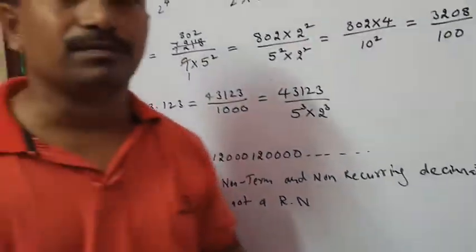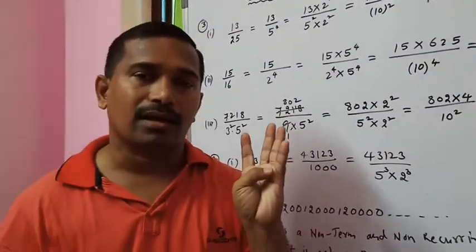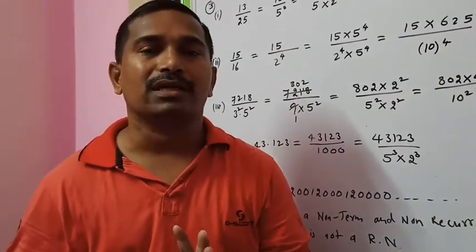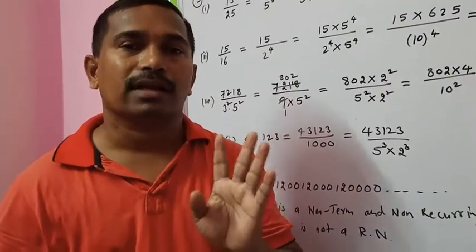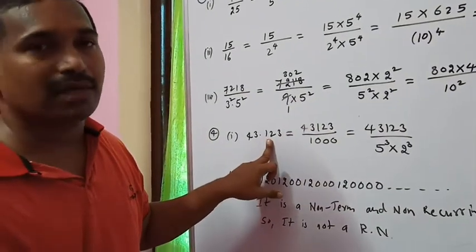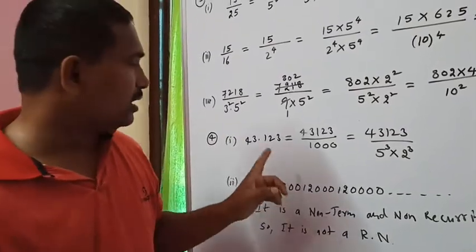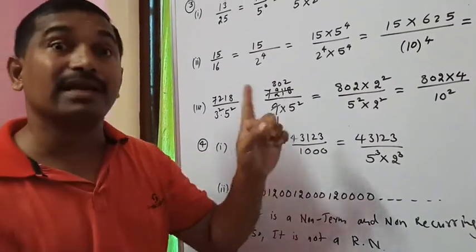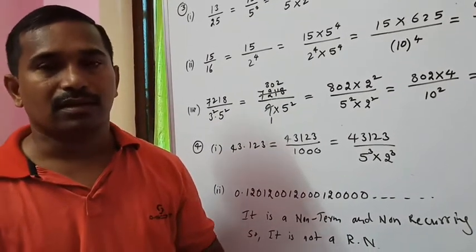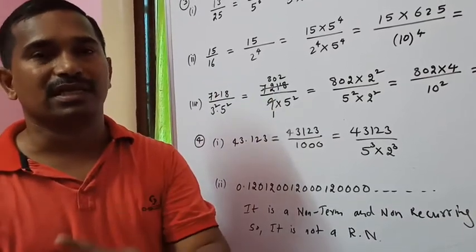You can observe, if the decimal is terminating, then we can convert into a rational number. If the decimal is non-terminating and repeating, then we can convert into P by Q. If the decimal is terminating, we can convert into P by Q form, that is rational.